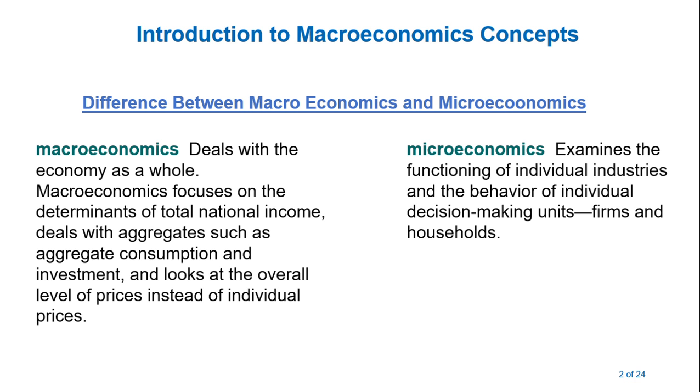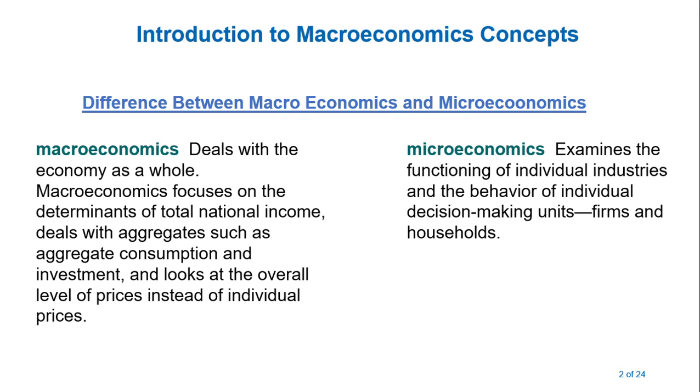So we will first look at the difference between macroeconomics and microeconomics. Last semester you did Elements of Economics 1, that is microeconomics. This semester we are going into macroeconomics. So let's differentiate.